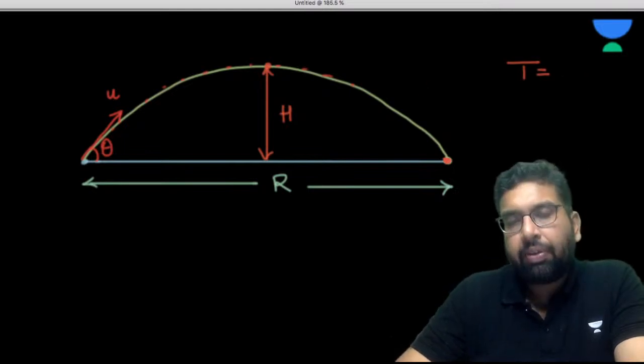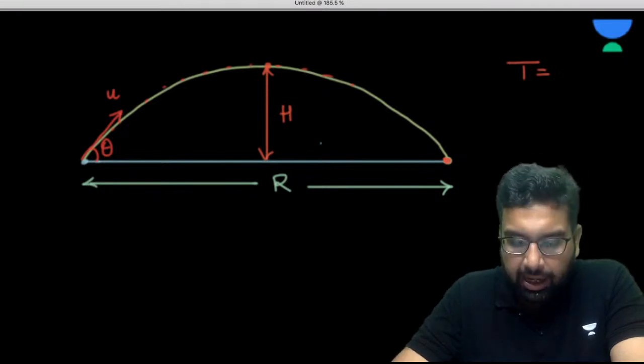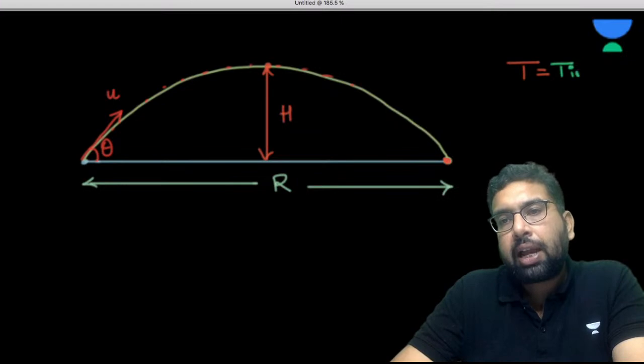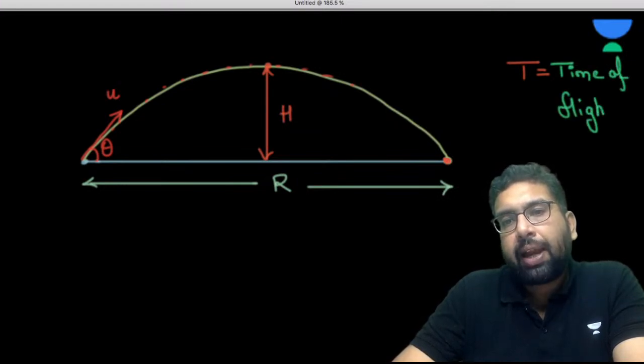Whenever we talk about projectile motion, we talk about these three things: R, H, and T.